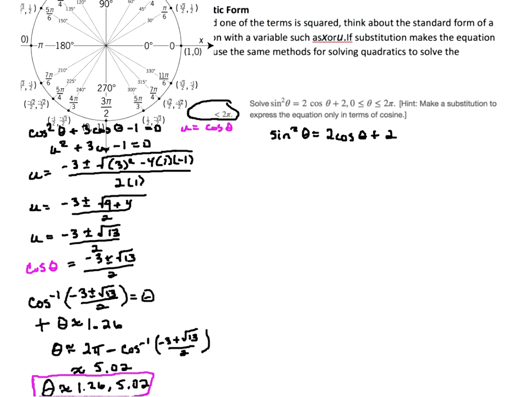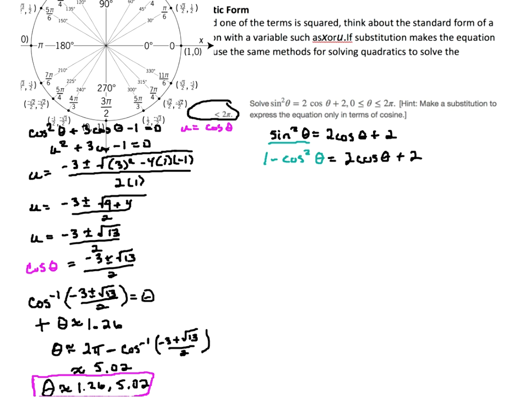What jumped out at me first was the sine squared of theta, and it triggered my memory: that's one of our Pythagorean identities. So I changed sine squared theta into 1 minus cosine squared theta, and that equals 2 cosine theta plus 2.